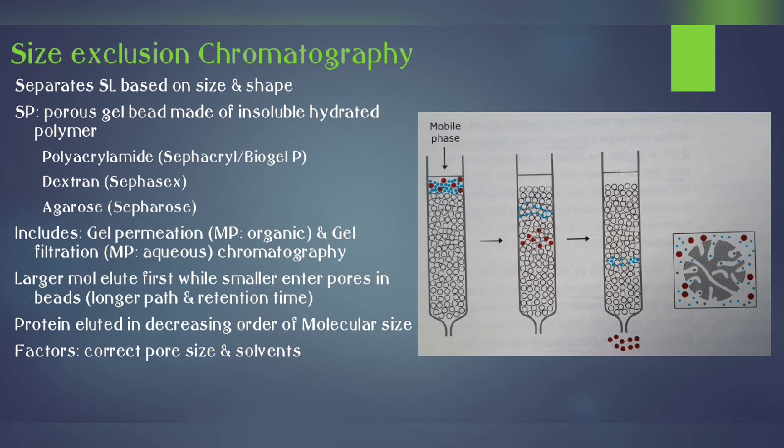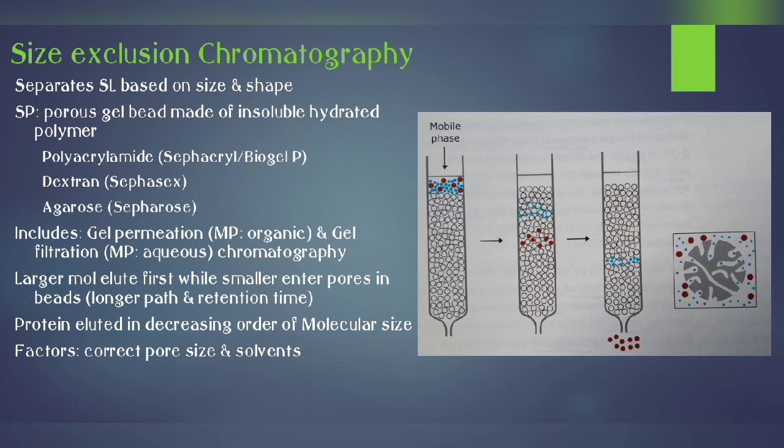Some of the commercially available beads are polyacrylamide, dextran, or agarose, and the commercial names of the stationary phases are Sephacryl, Sephadex, and Sepharose. Size exclusion chromatography can be classified into two types: gel permeation and gel filtration chromatography. In gel permeation, the mobile phase is organic. In gel filtration, the mobile phase is aqueous.